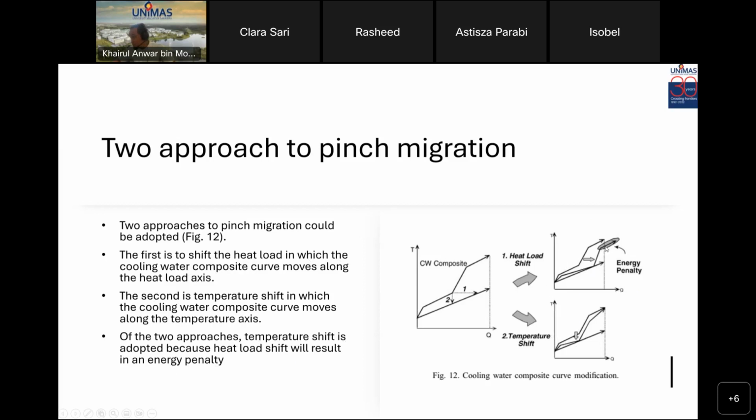See here, it's more than the previous Q. So meaning for the energy penalty, you need to use more fuel to provide the energy to cater for this.